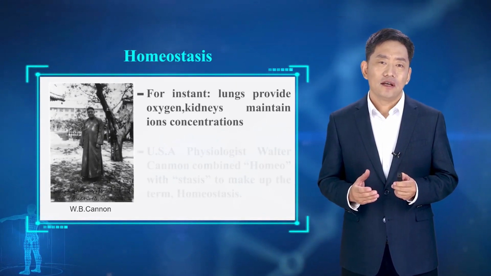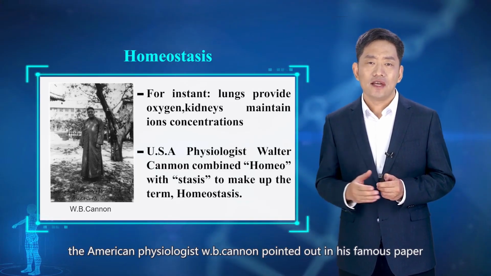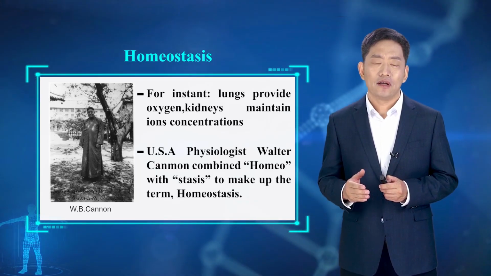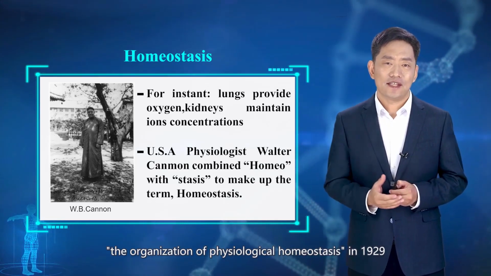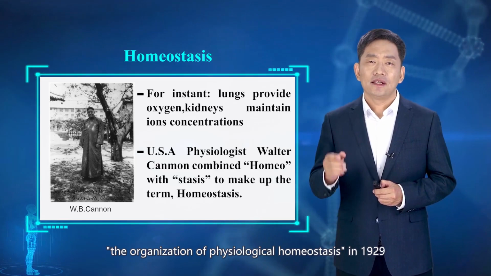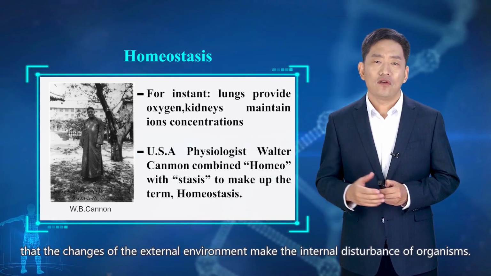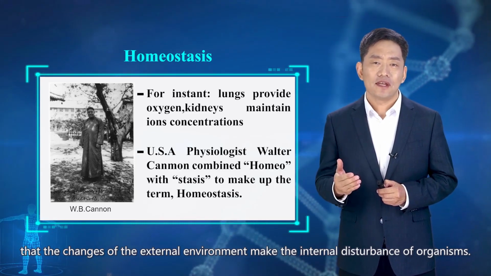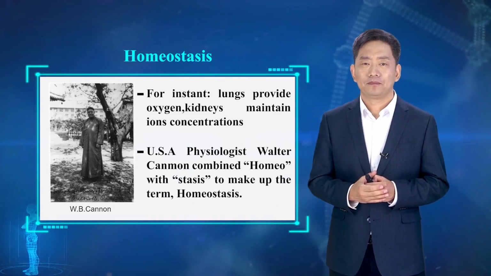After Bernard, the American physiologist Cannon pointed out in his famous paper, The Organization of Physiological Homeostasis, in 1929, that the changes of the external environment make the internal disturbance of organisms.